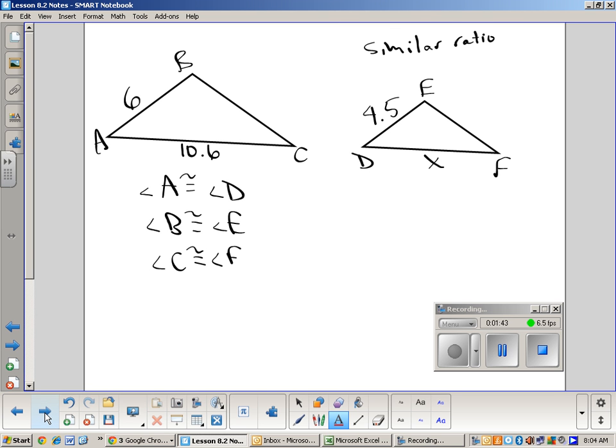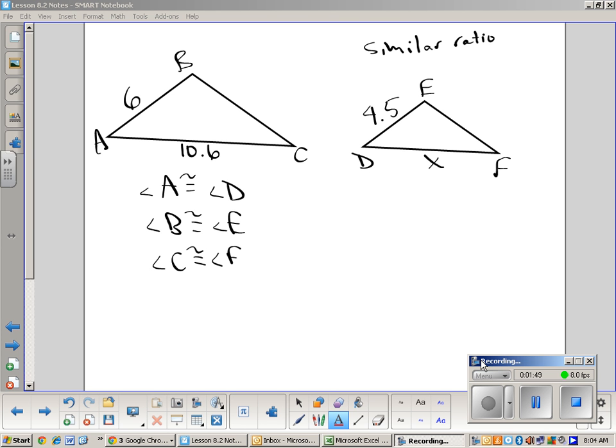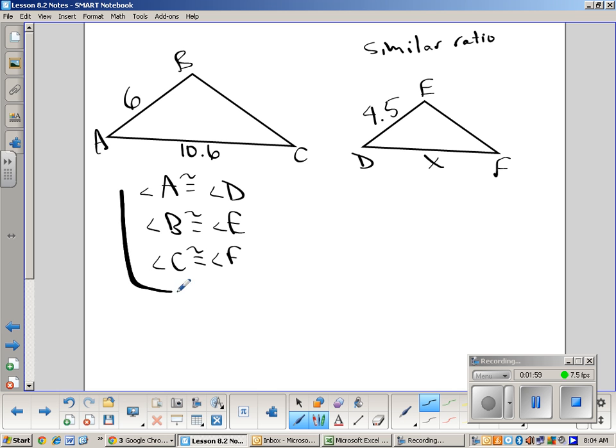So here we have an example of a couple triangles. And we're told that the three angles of triangle ABC are congruent to the three angles of triangle EDF.